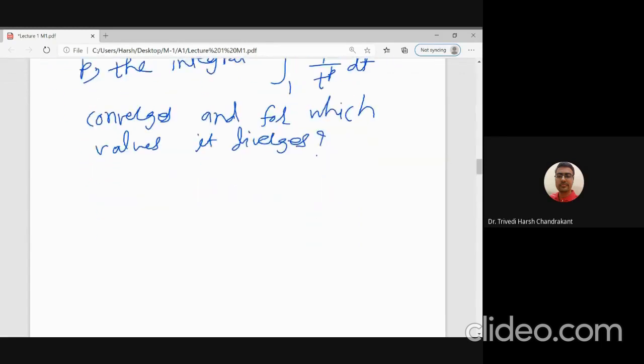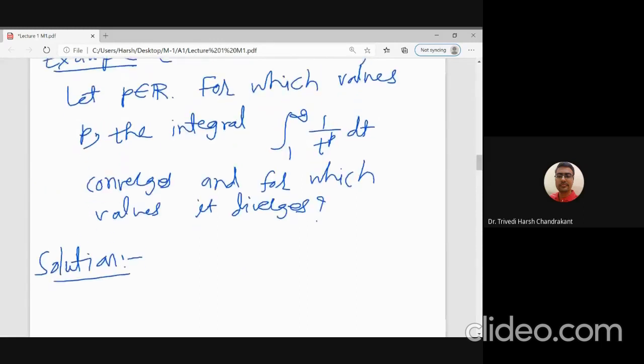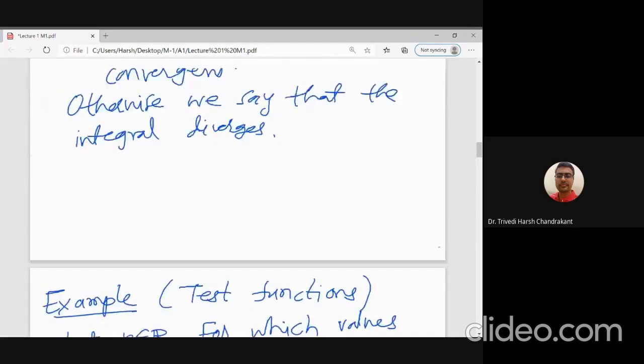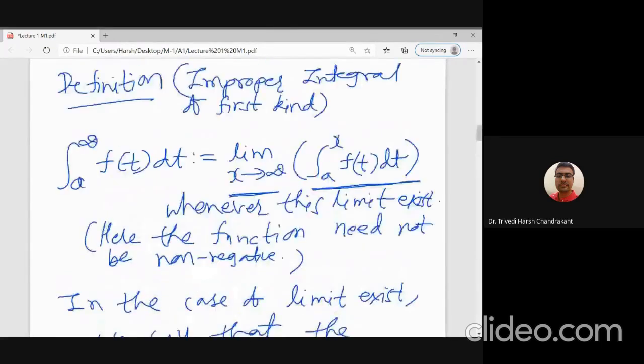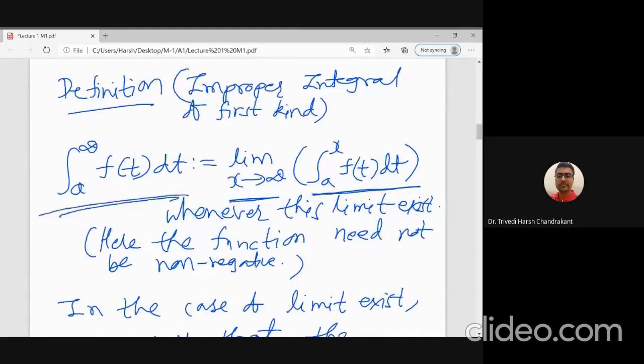So let us try to solve this question. Since our integral is over 1 to infinity, we will use this particular formula of the improper integral. So a is 1 here because we are integrating over 1 to infinity, and whatever function we are integrating, that is our f(t).